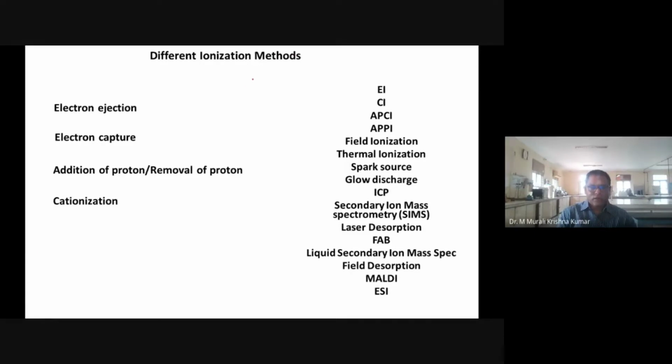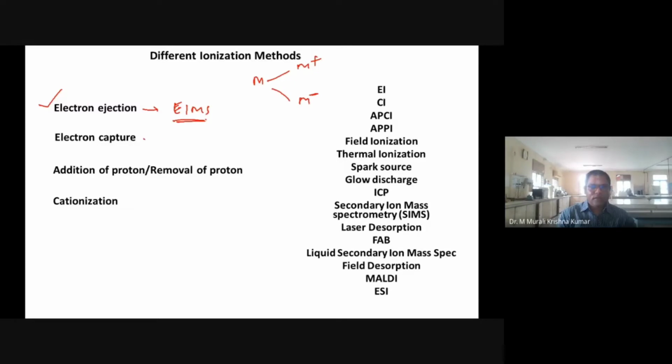So as I told you, if a molecule is there, it can be converted to M+ or M-. Okay. So here the most popular technique is electron ejection. That is what we use in case of EIMS, electron impact mass spectrometry, where we bombard the drug molecule with high energy electron, so that electron is eliminated, so that a positively charged ion is generated.